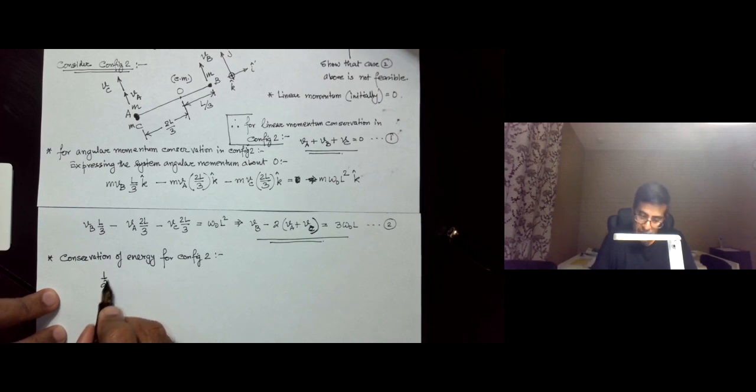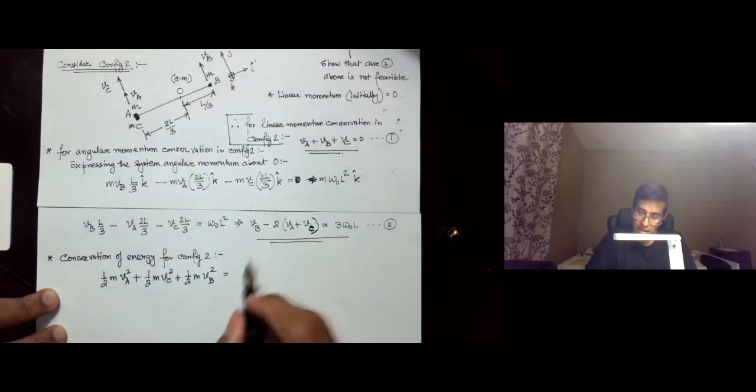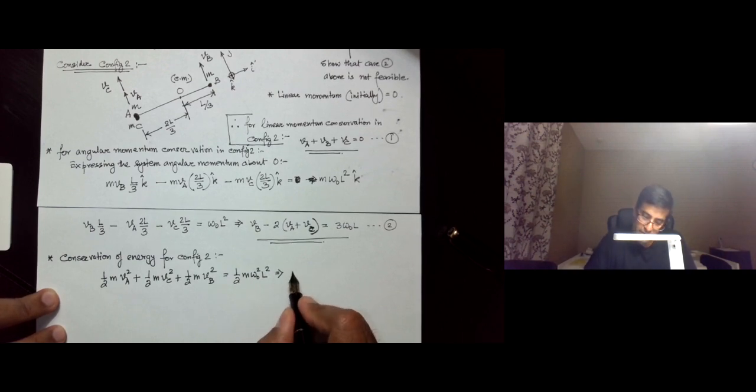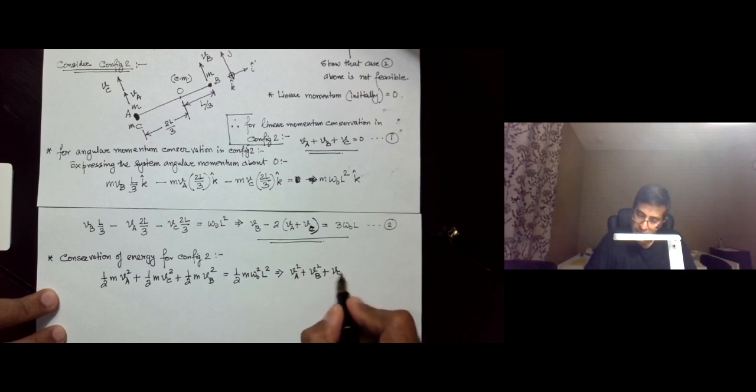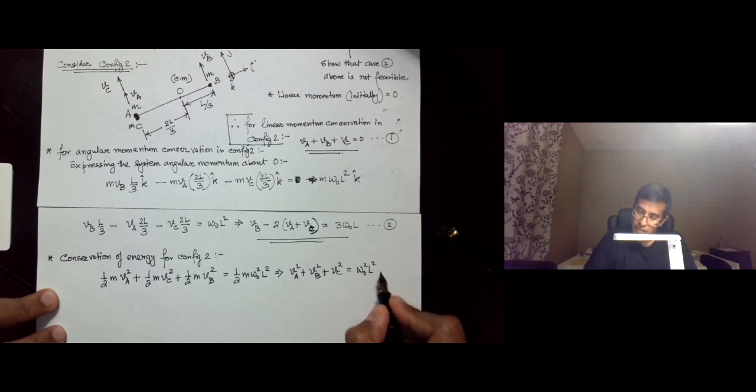It is going to be half m VA squared plus half m VC squared plus half m VB squared, and these are the absolute values, equal to the initial kinetic energy. The initial kinetic energy is given by half m omega naught squared L squared. So this would give us VA squared plus VB squared plus VC squared is equal to omega naught squared L squared.